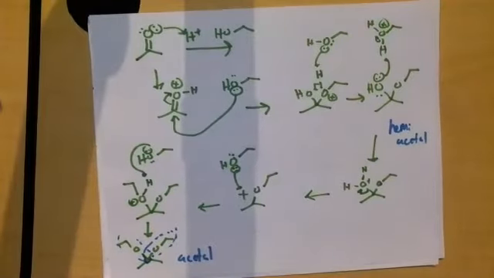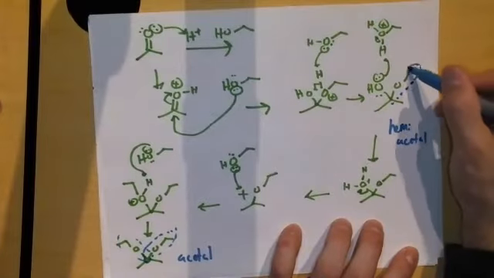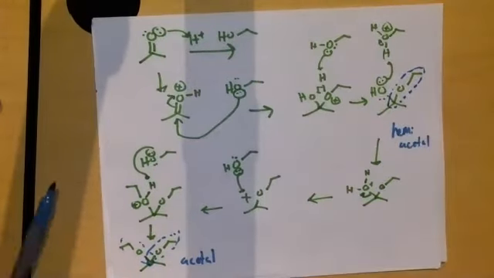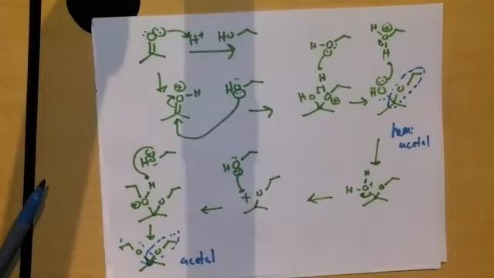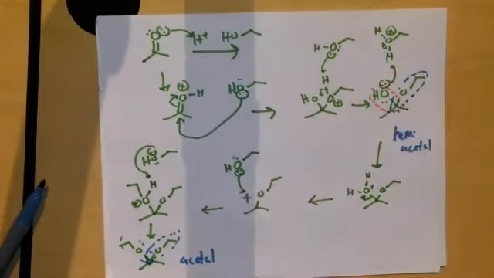The hemiacetal is where we have just 1 ether and the other one is an alcohol. It's really just like a halfway point on these reactions. Sometimes you can freeze them there, but it's very difficult.